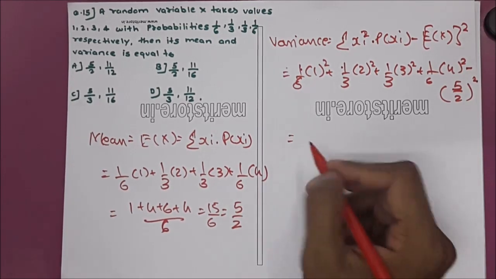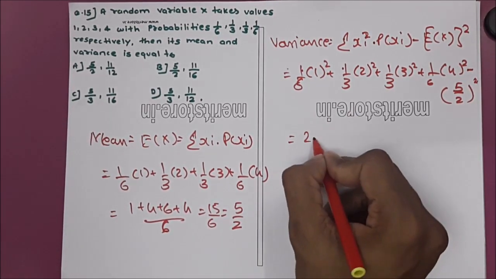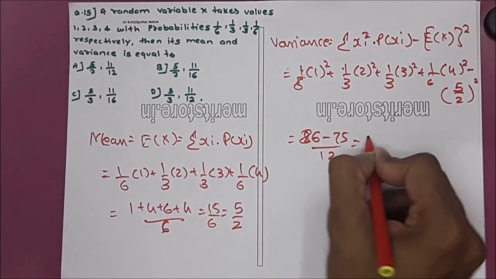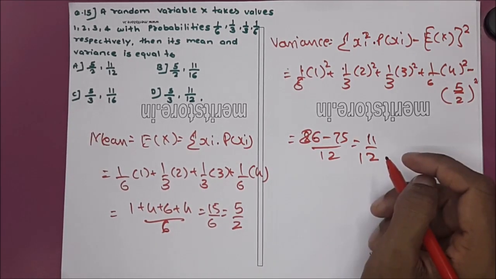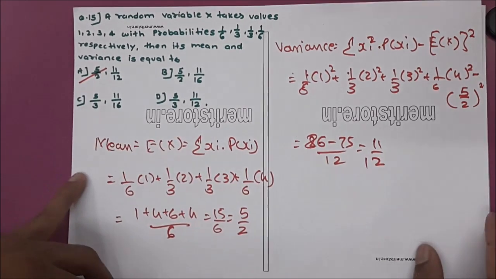We solve this, taking LCM and all, we get 86 minus 75 by 12, which is equal to 11 by 2, which is option A. Option A is the correct answer.